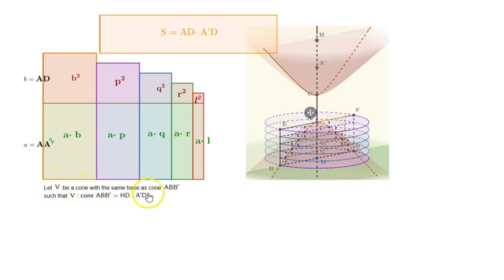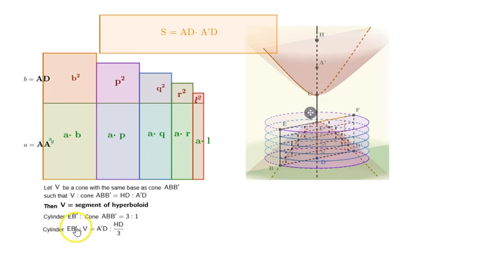Let V be a cone with the same base as cone ABB prime, such that V is to cone ABB prime as HD is to A prime D. This we have seen in the previous slide. Then V is equal to the segment of the hyperboloid. Now we know a cylinder is to a cone with the same base and height in the ratio 3:1.